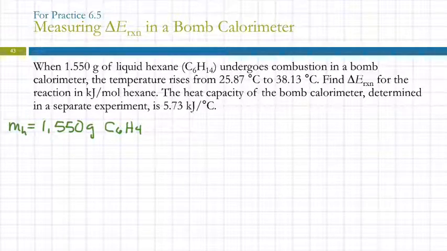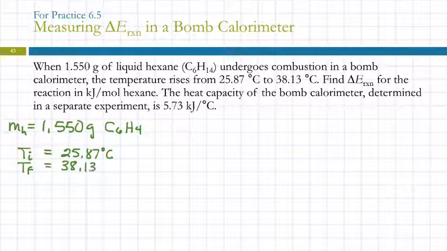And then we have an initial temperature that is 25.87 degrees Celsius. And we have a final temperature, which is 38.13 degrees Celsius. While we're thinking about it, we might as well calculate the change in temperature, because that's what we need.